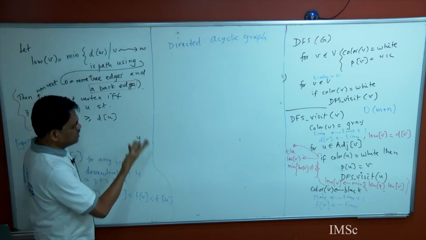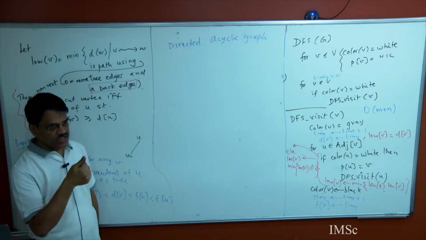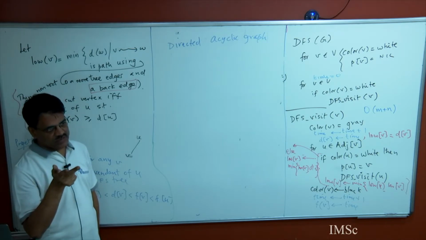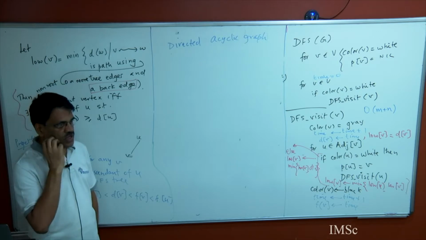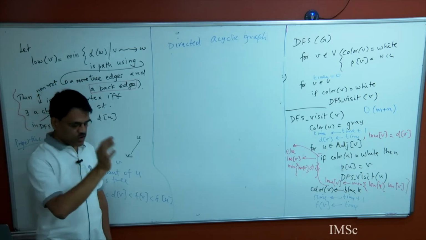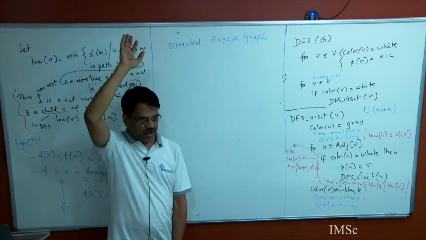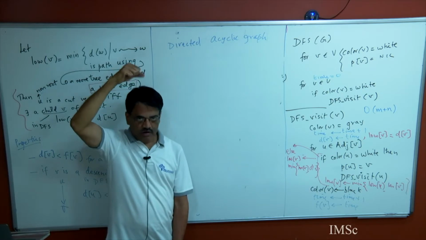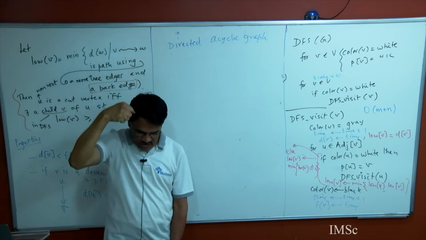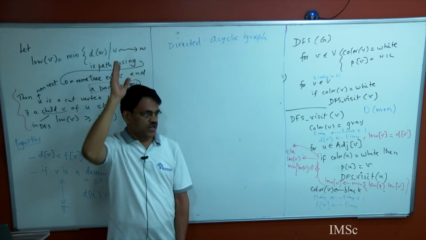We know that in a directed graph, the edges are tree edges, forward edges, or back edges. But in a directed acyclic graph, you cannot have a back edge. You cannot have an edge from a descendant to an ancestor, because from the starting point you can reach a descendant through a tree path, then use a back edge and you get a directed cycle.